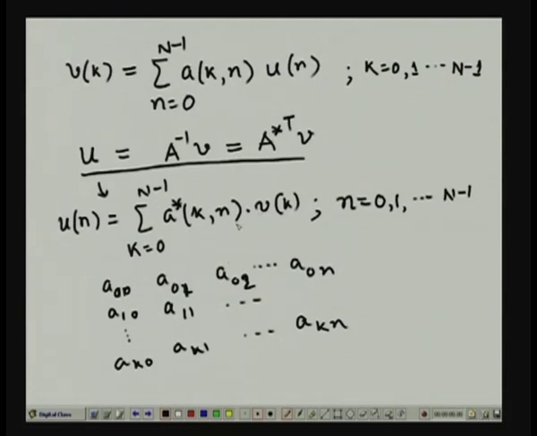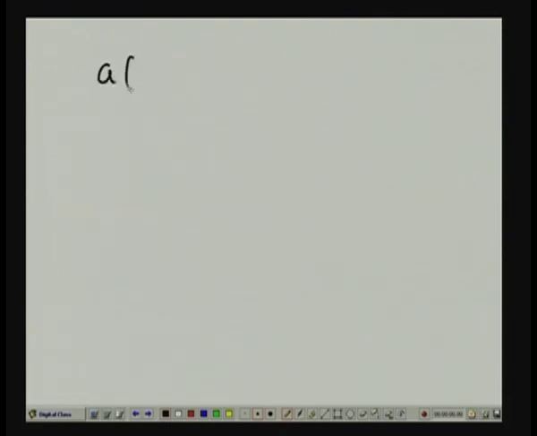This A k n star is nothing but the column vector of matrix A star transpose. These column vectors, the A k n star, are actually called the basis vectors of the matrix A. And you remember, this matrix A is a unitary matrix.